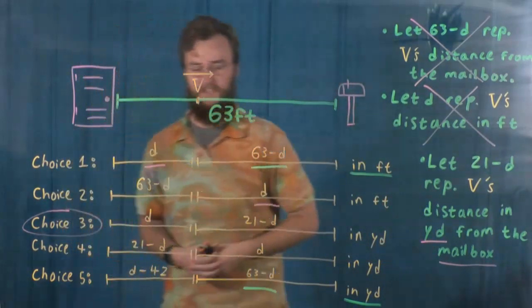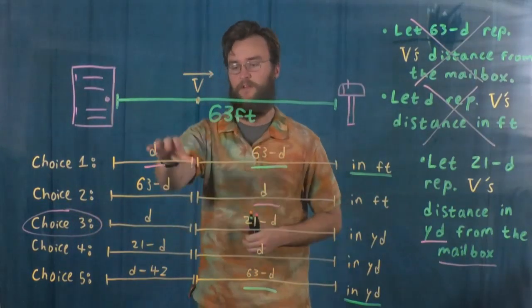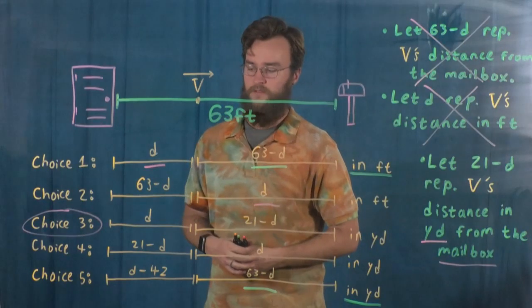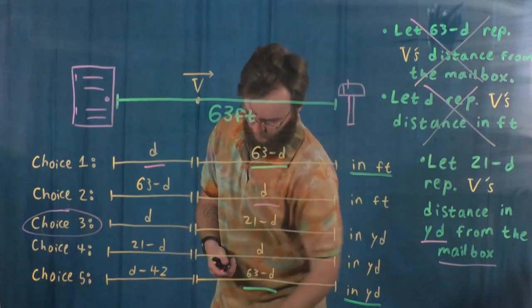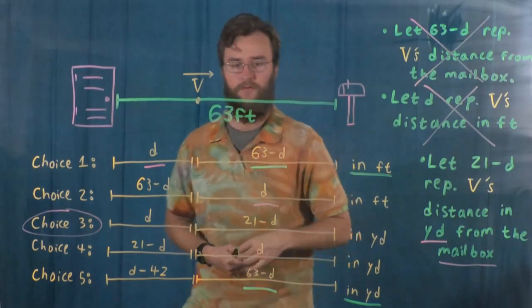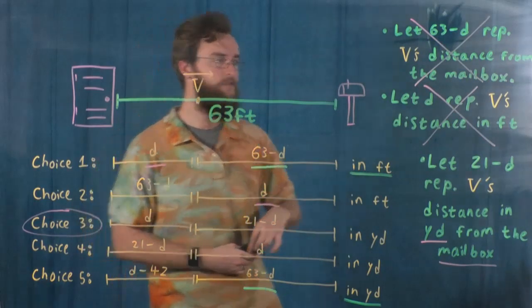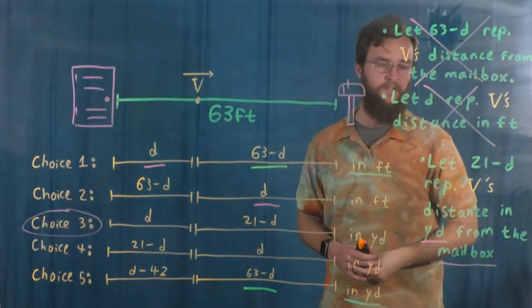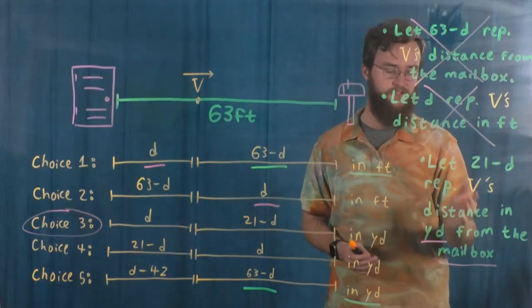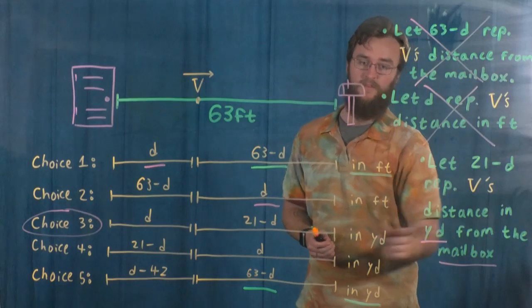Again, it's tempting to try to solve for which one of these choices or solve for the value of D. But it's not about having any one specific description of variables or about solving for what those variables are. The point of this problem is to learn to be specific about how you define a variable. So the choice that specifies both a location and units is going to be the correct answer.